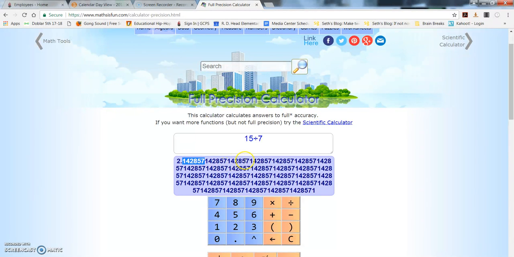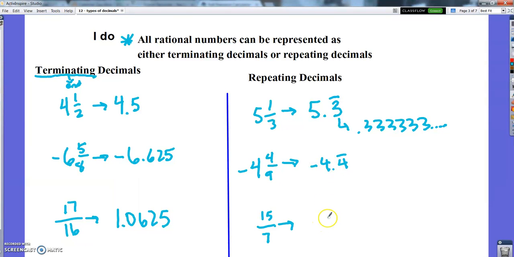So in this case, all that repeats. So all this repeats over and over, but it's still a rational number because this decimal can be written as that fraction. So even though the decimal repeats forever, it's still a rational number.